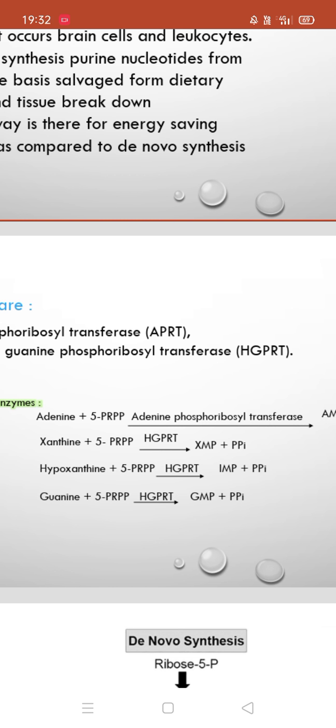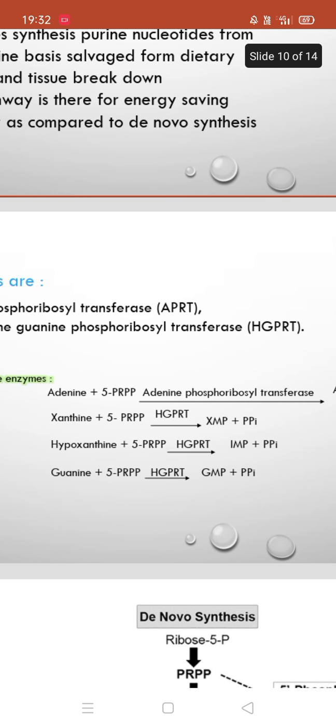Xanthine plus PRPP with the help of HGPRT gives XMP plus PPi. Hypoxanthine plus PRPP with HGPRT gives IMP plus PPi. Guanine plus PRPP gives, with HGPRT, GMP plus PPi.